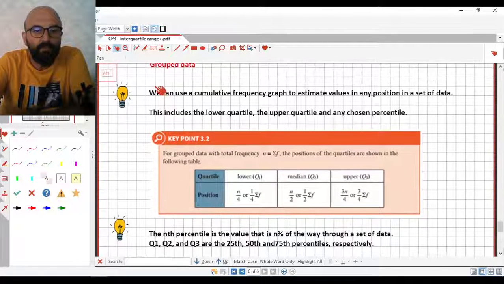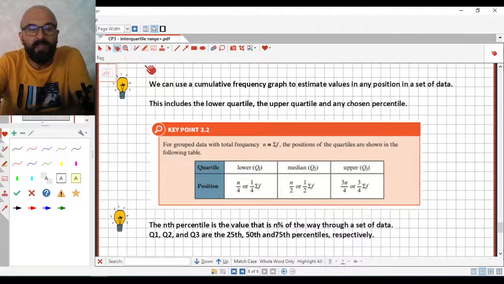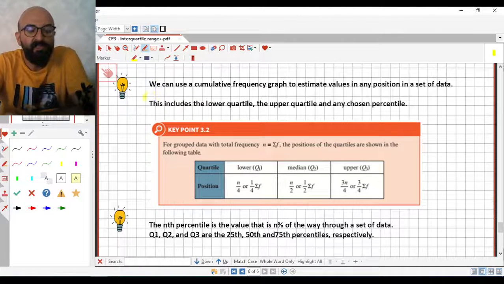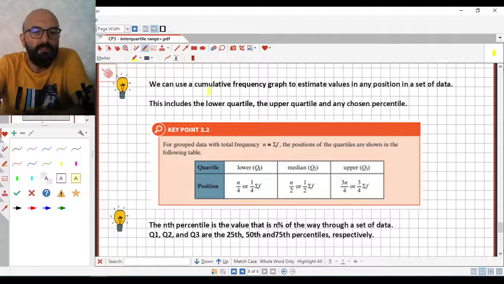In grouped data, how can we find the interquartile range? We can use a cumulative frequency graph to estimate values at any position in a set of data. This includes the lower quartile, the upper quartile, and any chosen percentile.